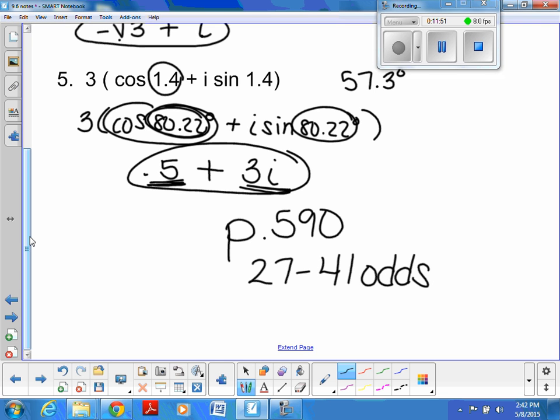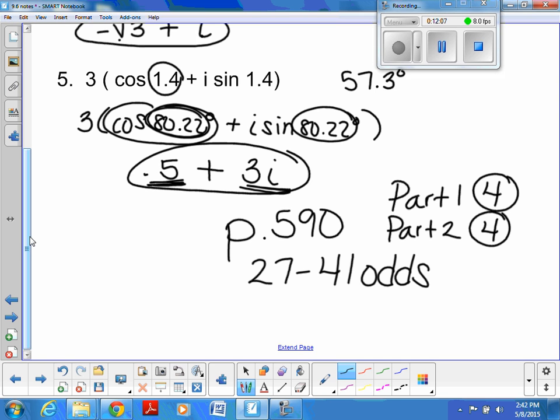Can you do all? If you really want to make sure you understand it, you could do it all. But you're really only doing part 1. You're doing 4 problems, and part 2, you're only doing 4 problems. You have 8 problems to do, and that's it. 8 problems to do.